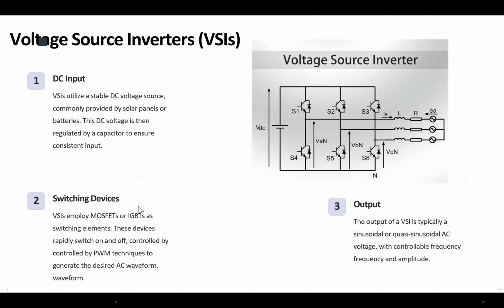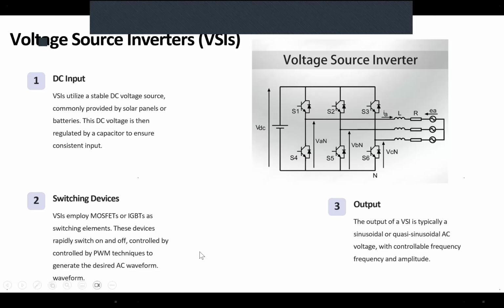MOSFETs and IGBTs have a maximum amount of current that they could conduct through them. So in voltage source inverters, we use MOSFETs or IGBTs, meaning those devices have a higher capacity for switching speed, but lower capacity for providing current.